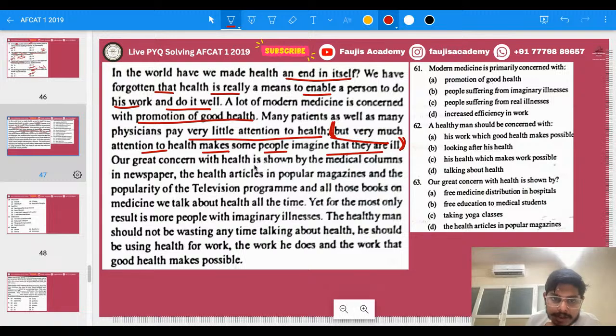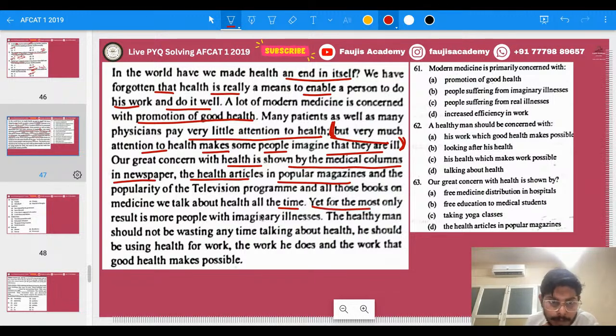Our great concern with health is shown by medical columns in newspapers, the health articles in popular magazines, and the popularity of TV programs and all those books on medicine. We talk about health all the time. So all these books, magazines, TV shows keep on showing it.